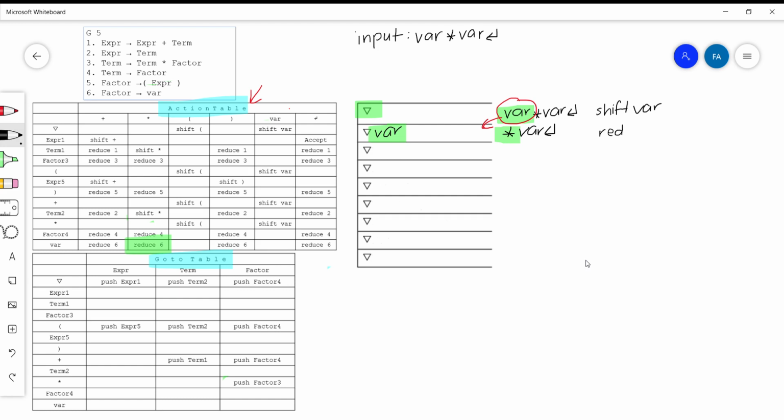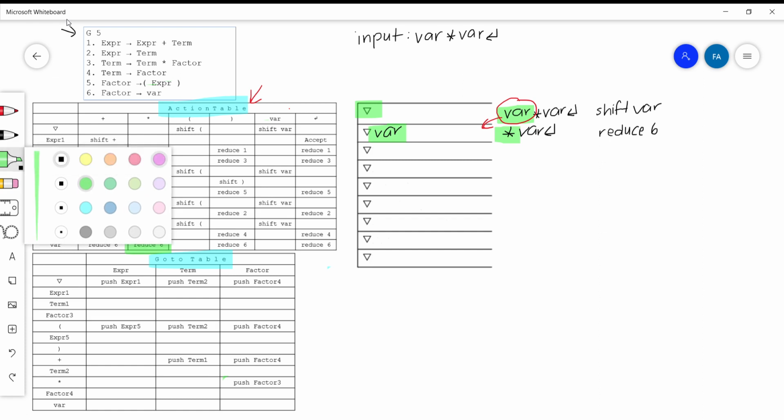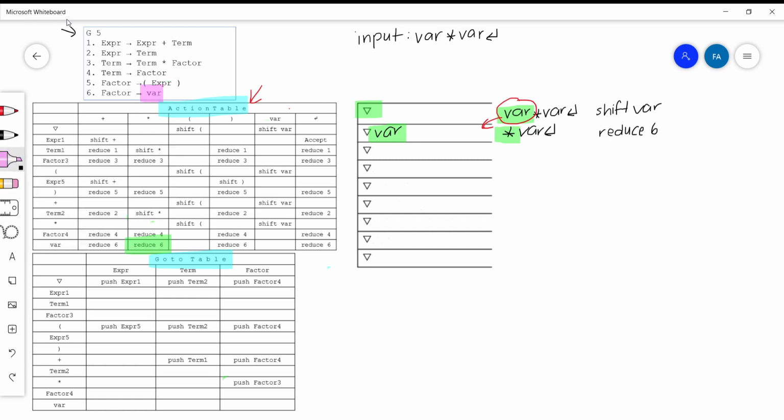Pay attention to what we need to do when the action specified is a reduce operation. When it says reduce 6, it means at our grammar, remember we are referring to grammar 5, we need to look at rule number 6. At rule number 6, the right side is var.